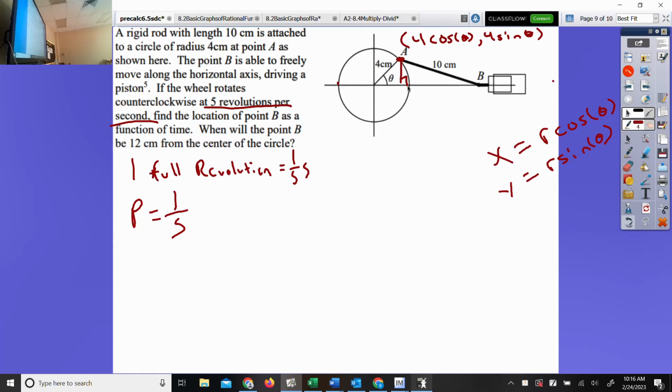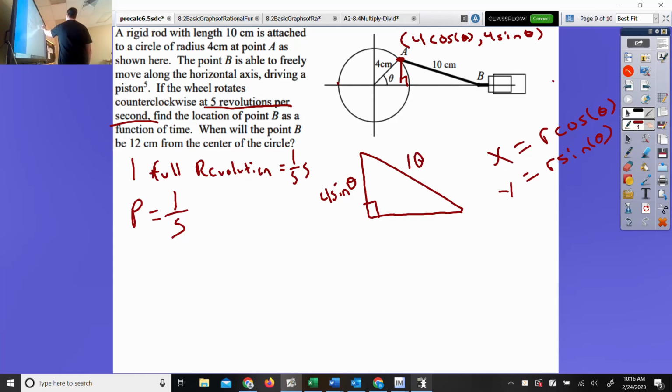Okay, that little leg I drew in, what's its length? 4 sine theta. The hypotenuse is 10. About this unknown piece right here, it goes from here to here. What am I going to have to use to find it?